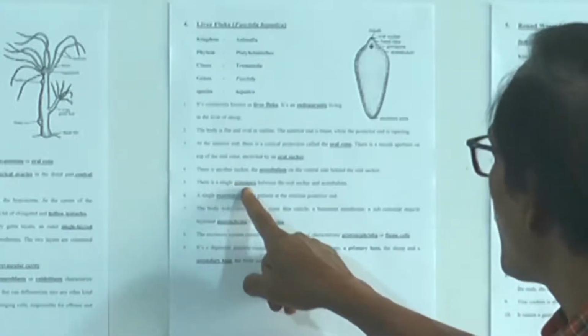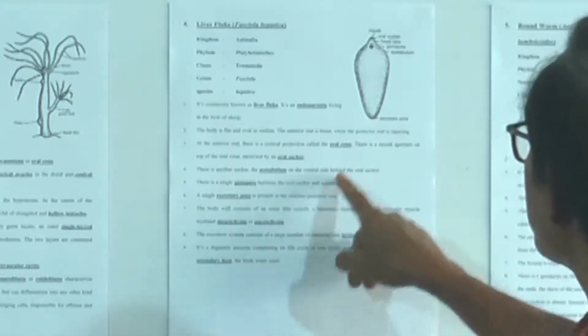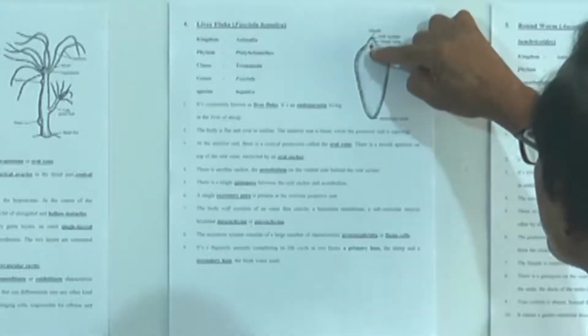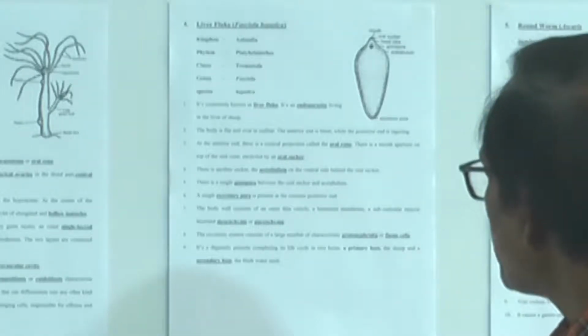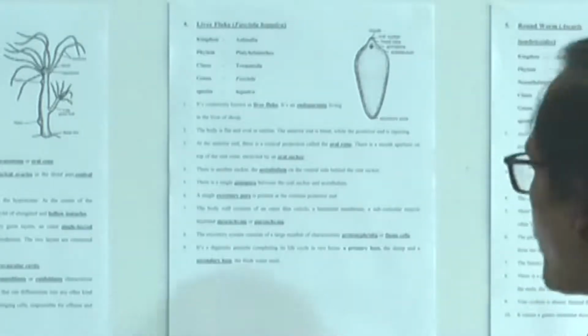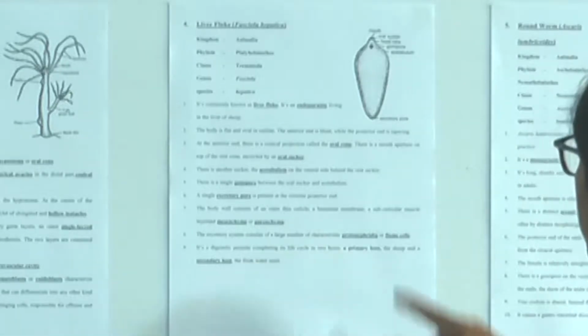There is a single gonopore between the oral sucker and acetabulum. This is the oral sucker, this is the acetabulum, and in between there will be a single gonopore. A single excretory pore is present at the extreme posterior end.